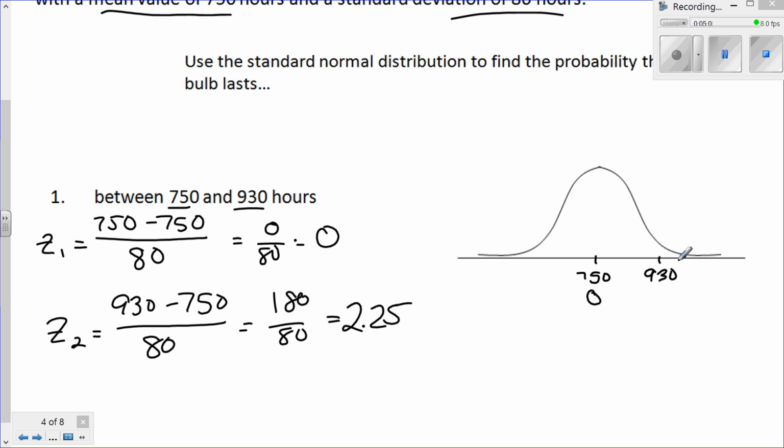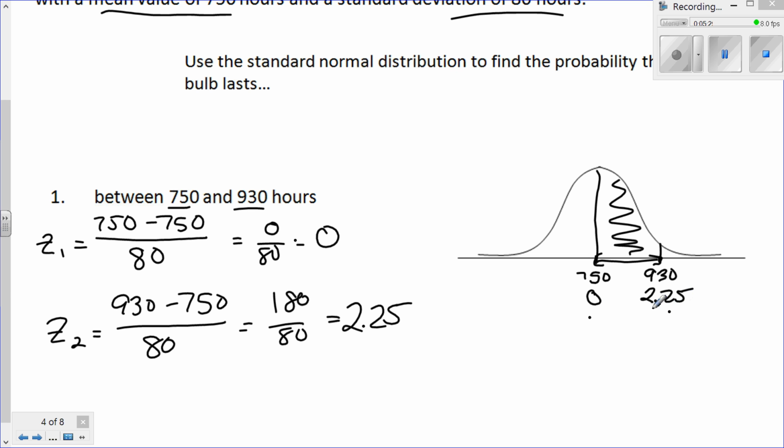So the light bulb lifespan of 930 hours corresponds to a z-score of 2.25. We're trying to find the probability of being in this interval, which is going to match up with the area under the curve here. And we can find that area by looking up these two values in our table.